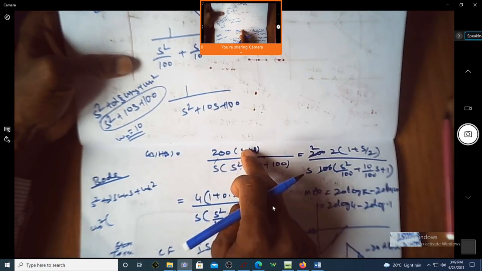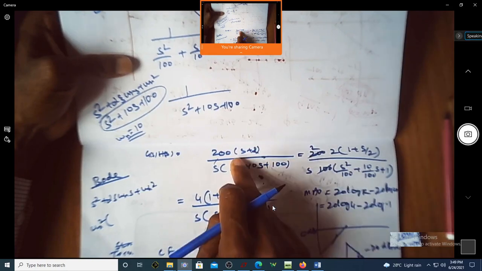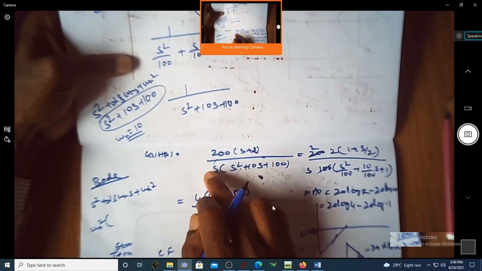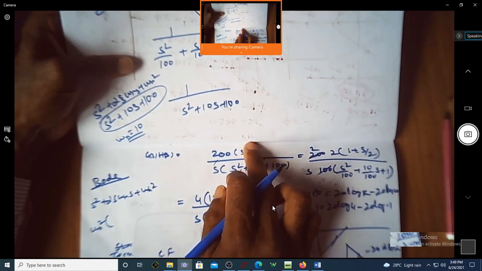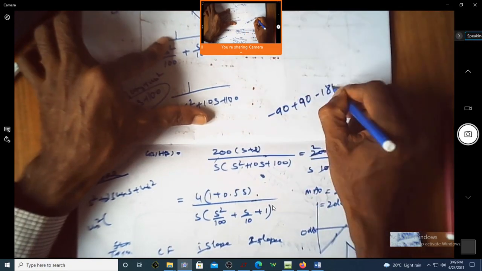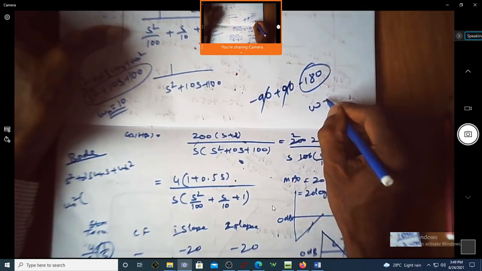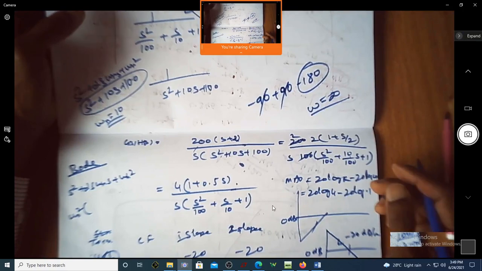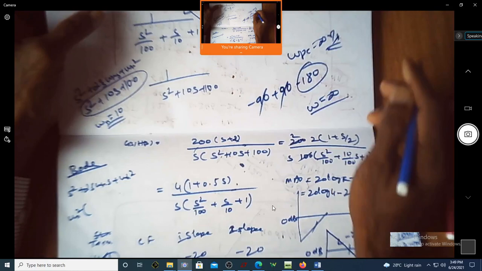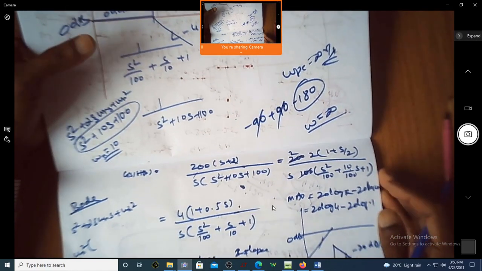It's plus 90. What is the maximum this may contribute? Minus 180. Correct? So this is minus 90, this is minus 180, this is 90. Now it will reach minus 180 only when omega is equal to infinite. That's impossible. So omega PC is infinite radian per second. No need to find. Your calci will say I can't solve. Yes, sir.